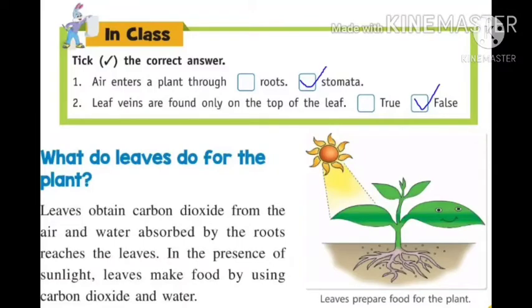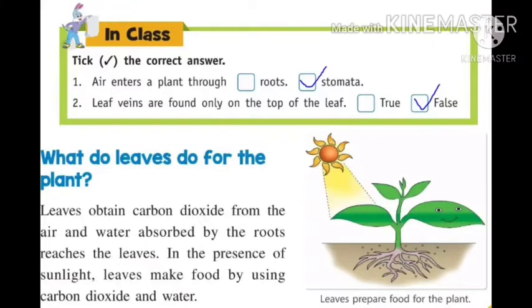What do leaves do for the plant? Leaves obtain carbon dioxide from the air, and water absorbed by the roots reaches the leaves. In the presence of sunlight, leaves make food by using carbon dioxide and water. So I already said in the beginning that leaves prepare food for the plants.